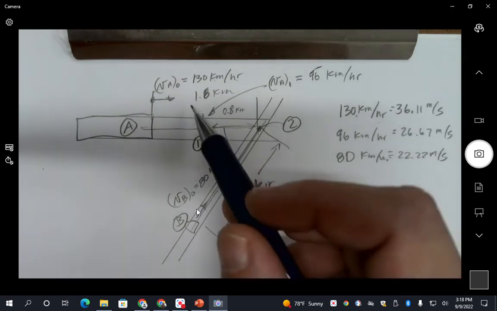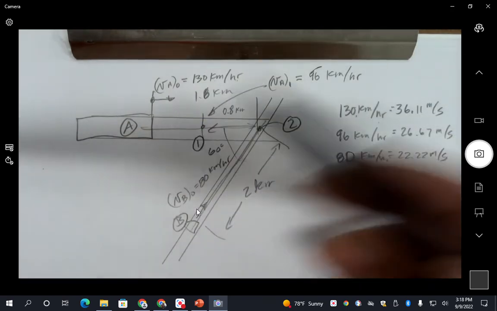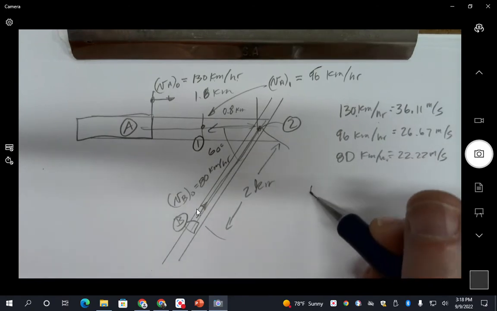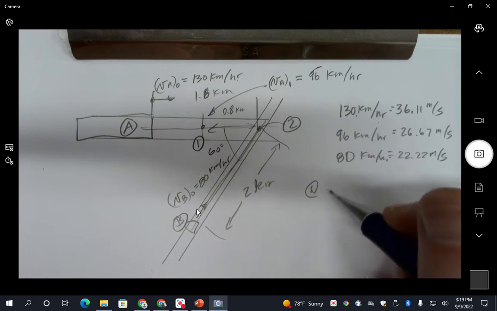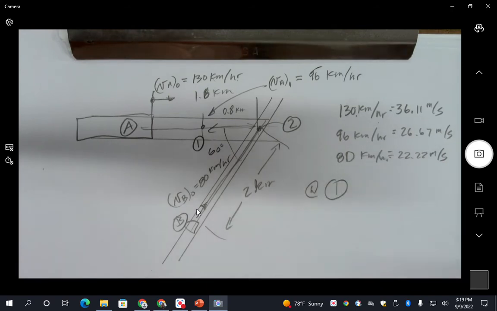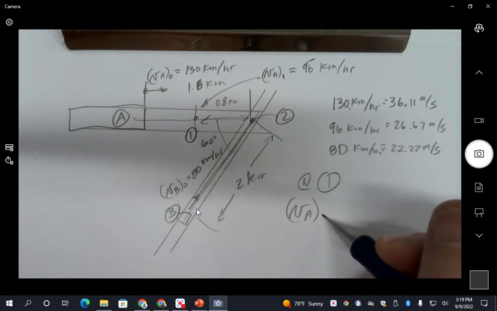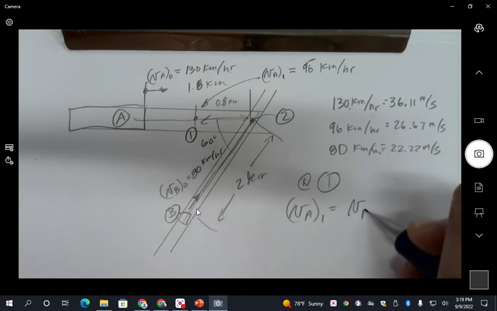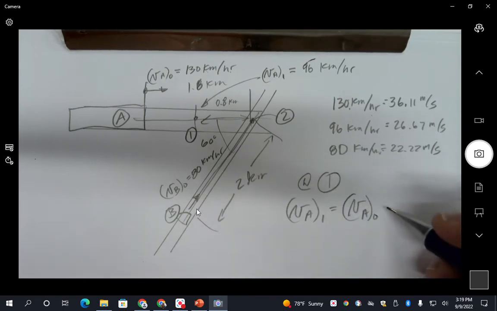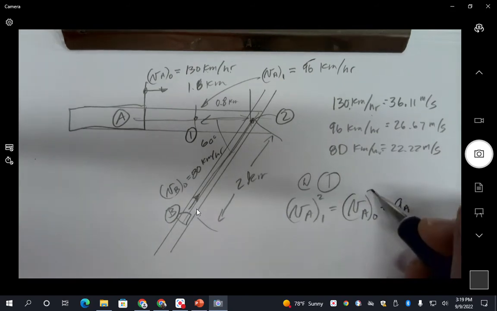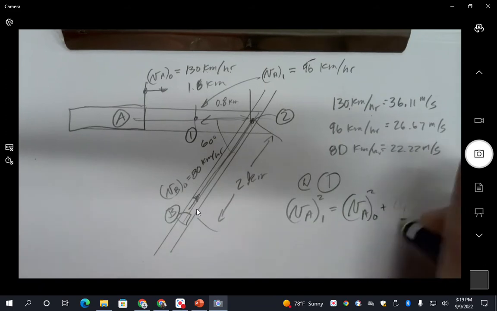All right. So what I would do first is to find the deceleration of the train. So that's one of the steps. So we could say at 1, that train's velocity, let's call it V1, is going to be equal to the initial velocity plus 2 times the acceleration A times delta S. We have to be careful here, because it's a position thing, not a time thing.